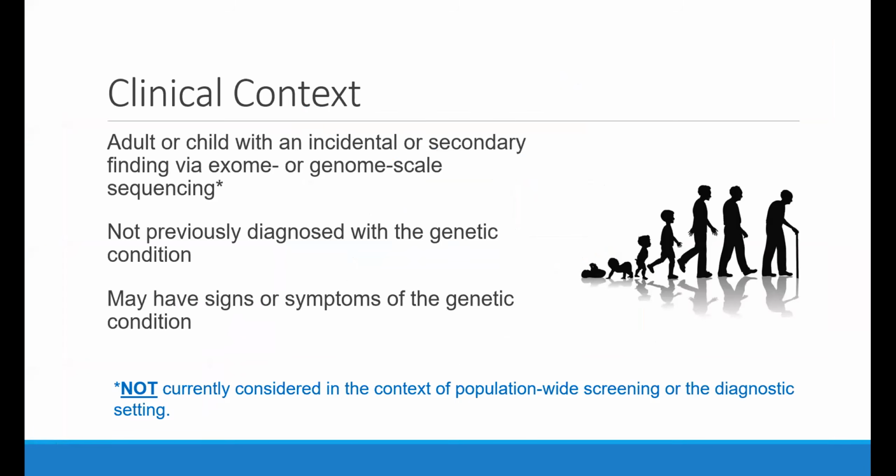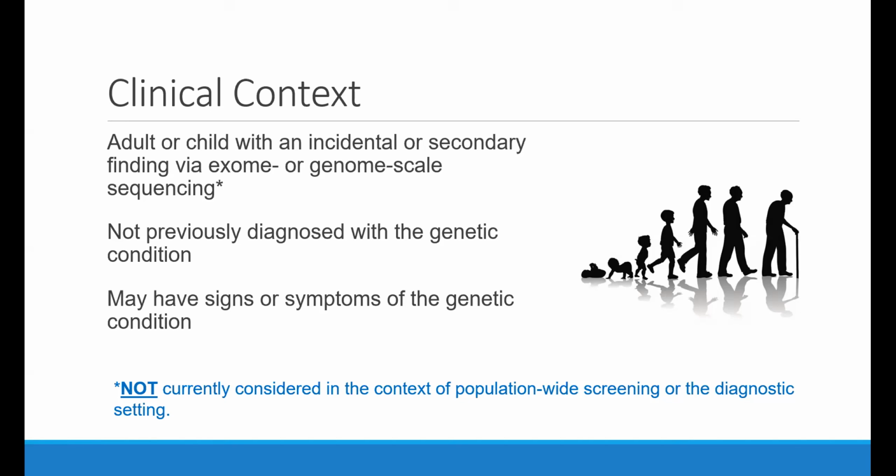Well, first, let me tell you about what our clinical context is. We're asking a question about clinical utility or clinical actionability in the context of an adult or a child with an incidental or secondary finding via exome or genome scale sequencing. So this is not currently considered in the diagnostic setting, and this is not in the context of population-wide screening. This is basically just incidental/secondary findings, depending on how you call those.